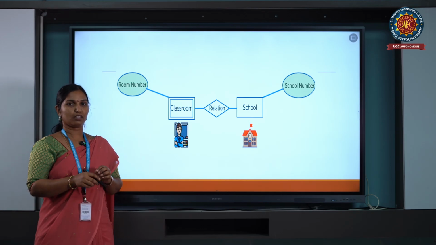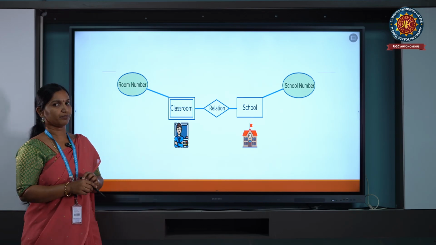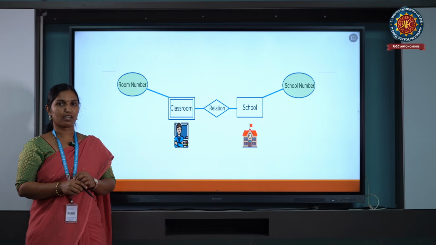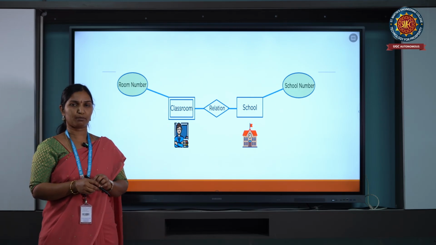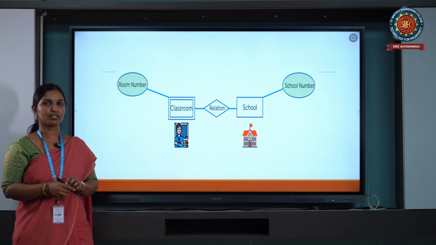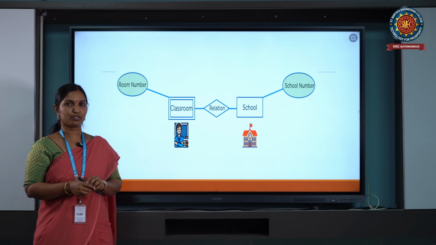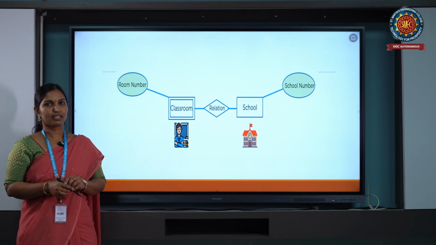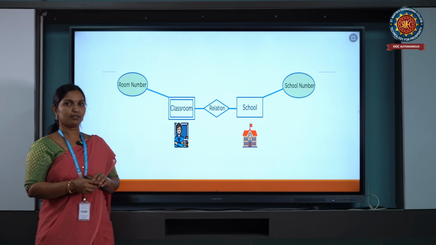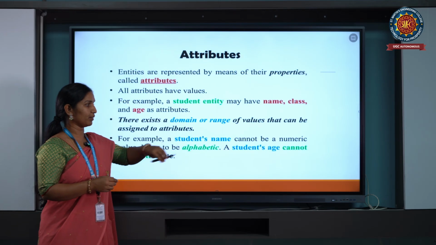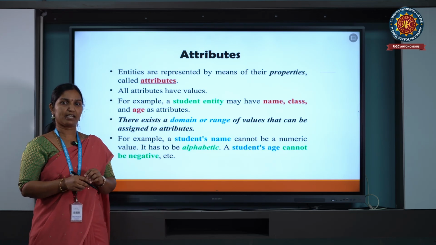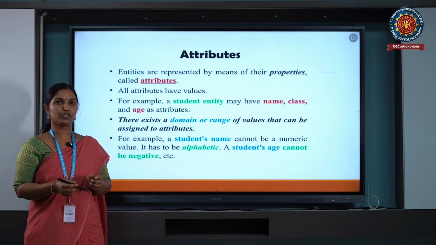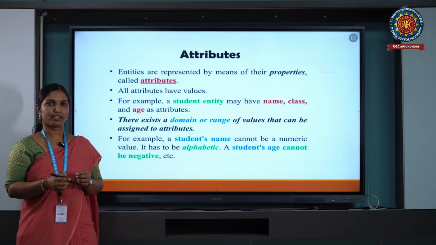We have different types of attributes. Those are the composite attribute, multi-valued attributes, simple or atomic attributes, single valued attributes, and derived attributes. And last one is the key attribute. Composite attribute is nothing but that which can be divided further to form independent attribute values.